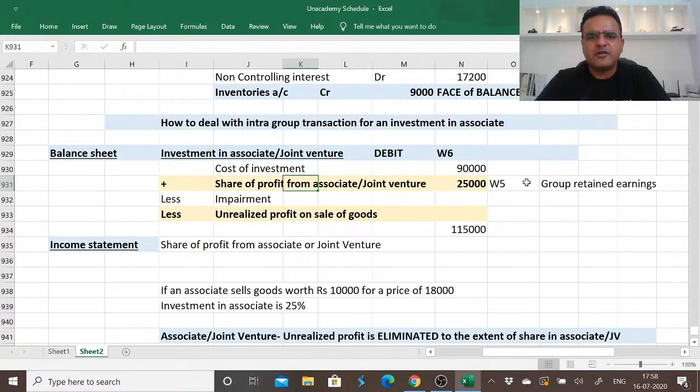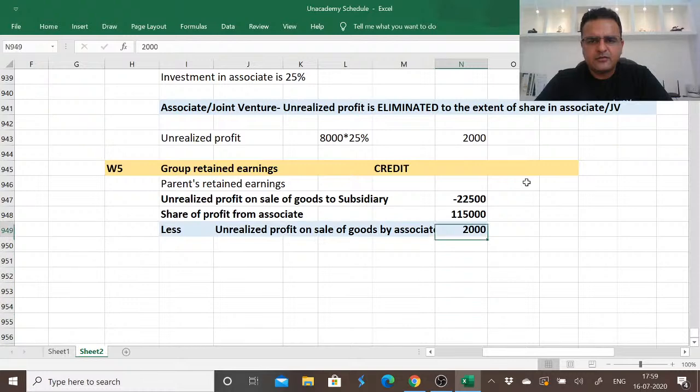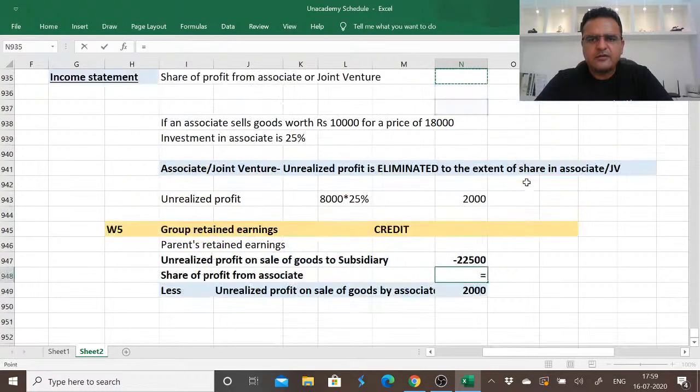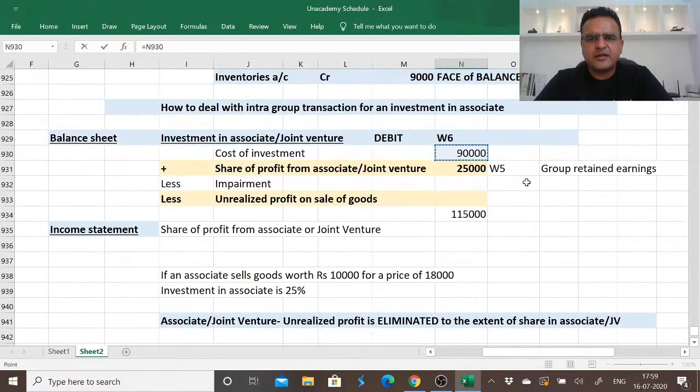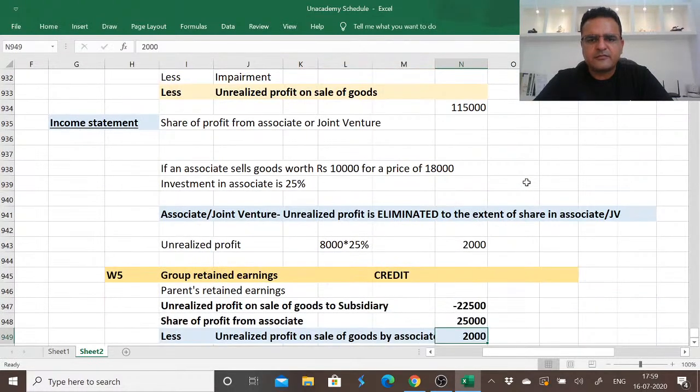Share of profit from associate is 25,000.